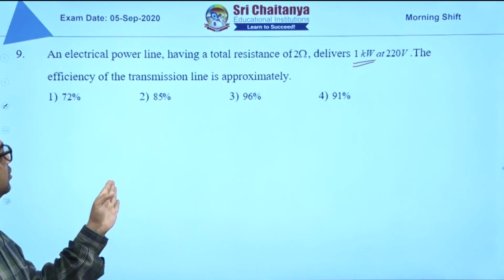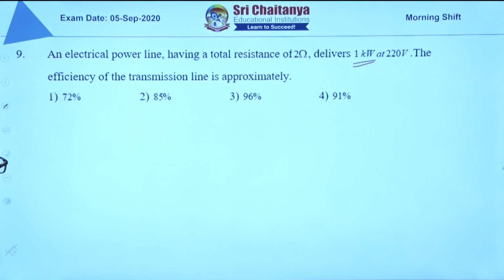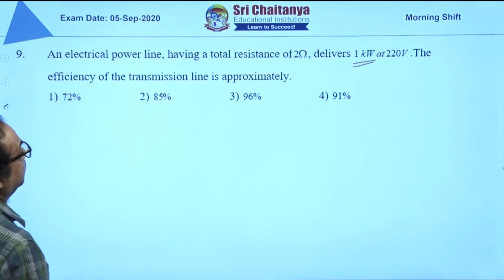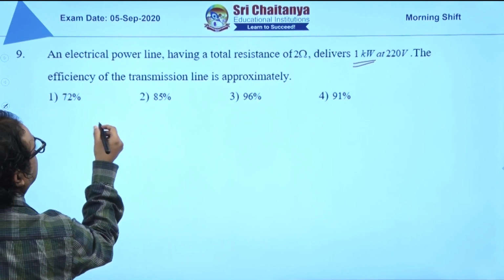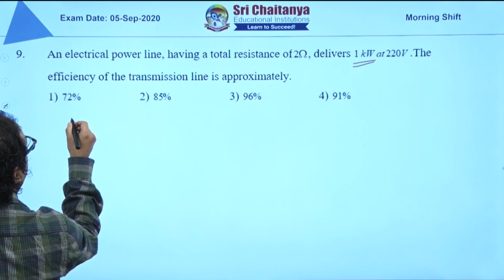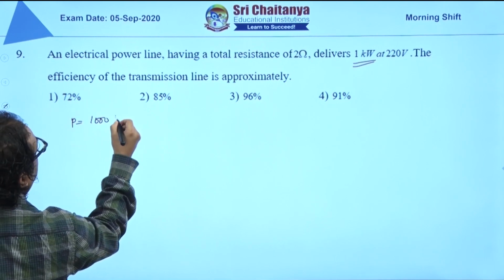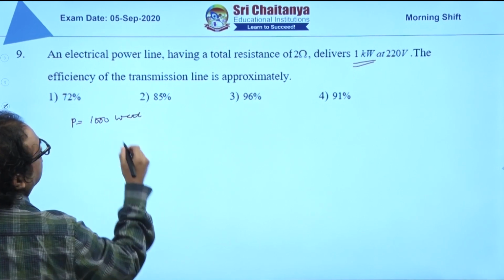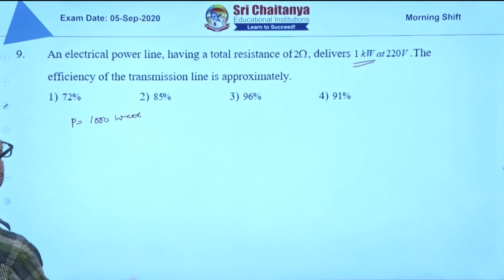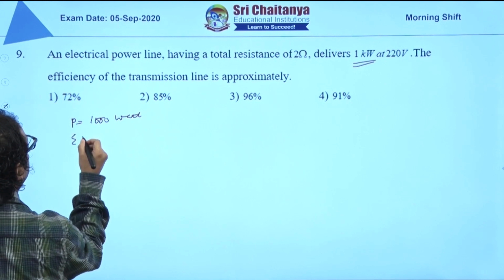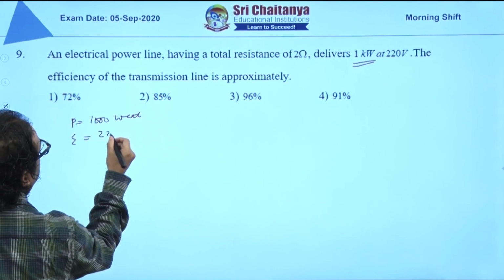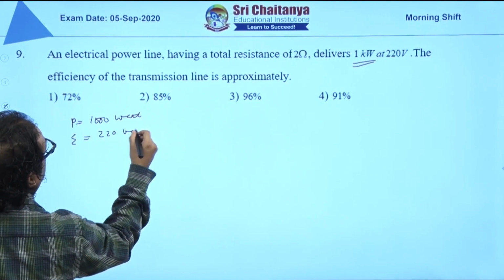So basically when we are writing this, the power is given as P, it is 1000 watt, and voltage E is 220 volt.